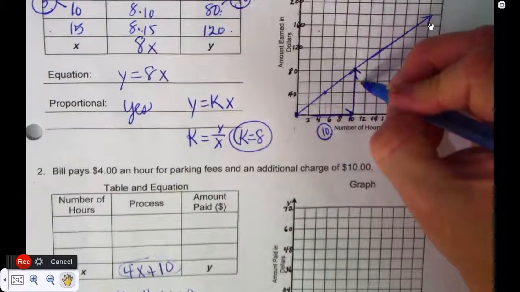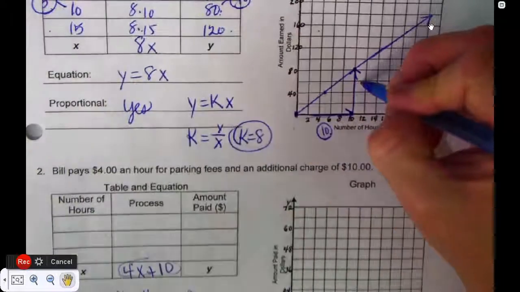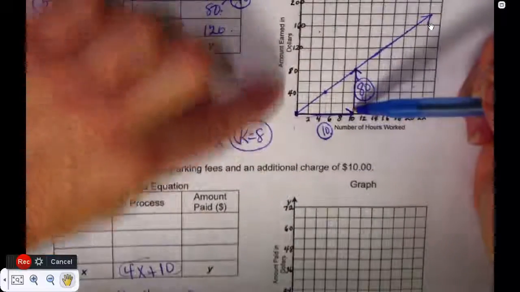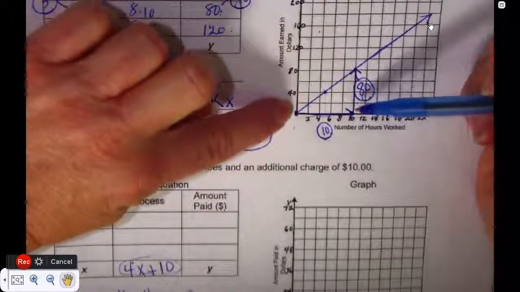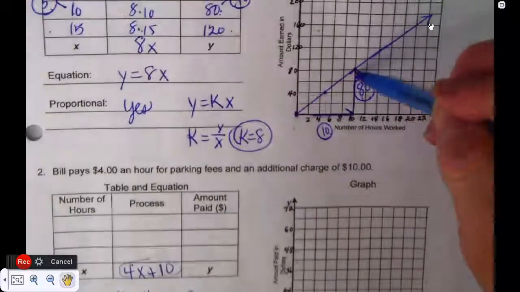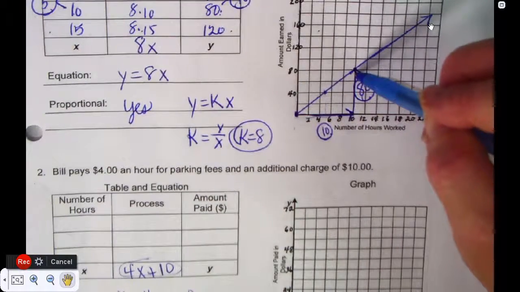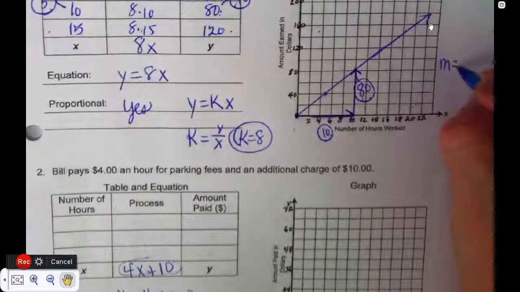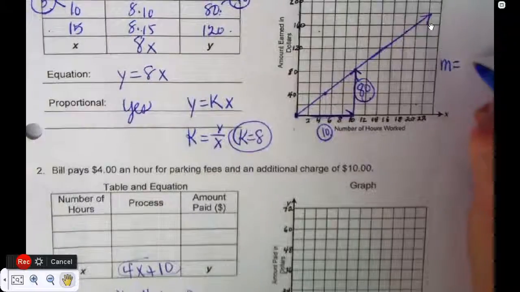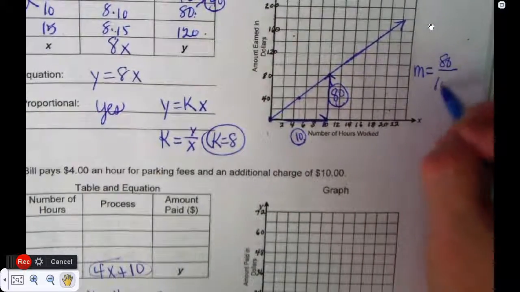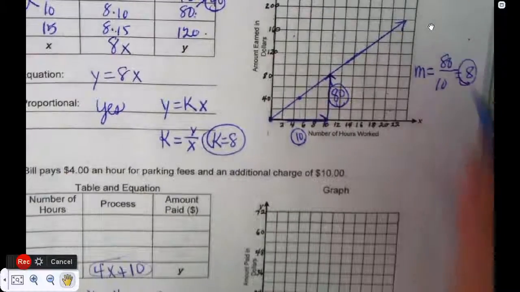Where did Logan get 80? Because look, you're looking over here. Yes, it's going up 20, but look, you're going from 0 to 80. So m equals what? 80 over 10, which is 8.